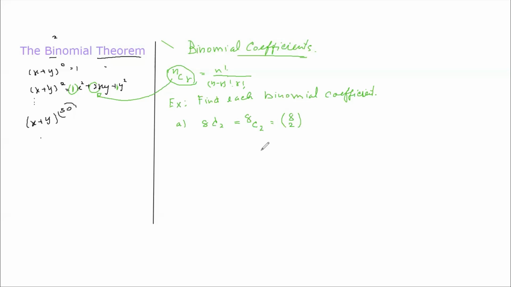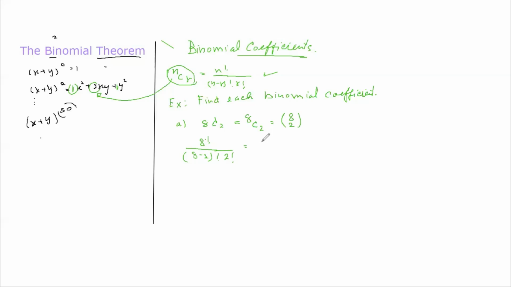Okay, so this one, if you use the formula of combination here, you will get the answer, correct, or you use a calculator right away. In this case, what is this going to be? Use the formula here, right? So it equals 8 factorial over 8 minus 2 factorial times 2 factorial.